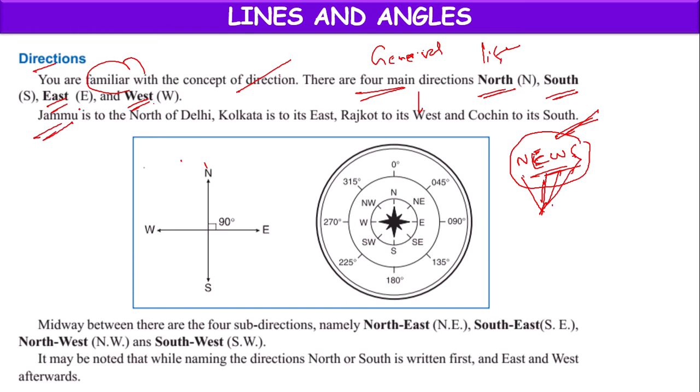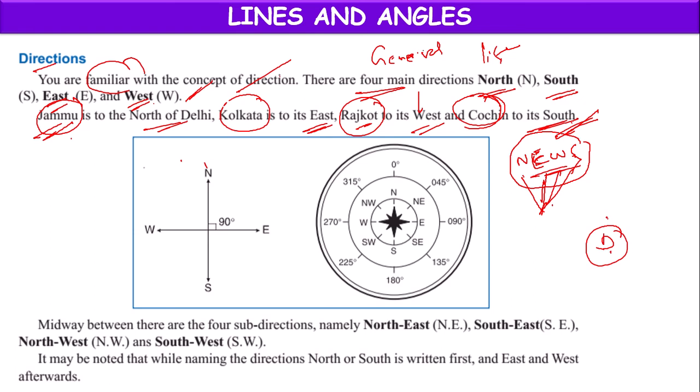So Jammu is to the north of Delhi. Kolkata is to the east. Rajkot is to the west. And Cochin is to its south. It means here, suppose this is Delhi.